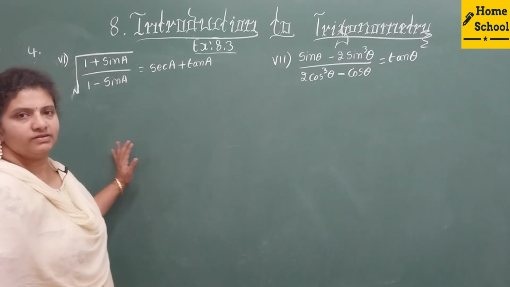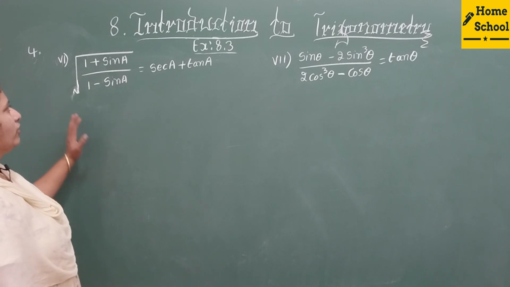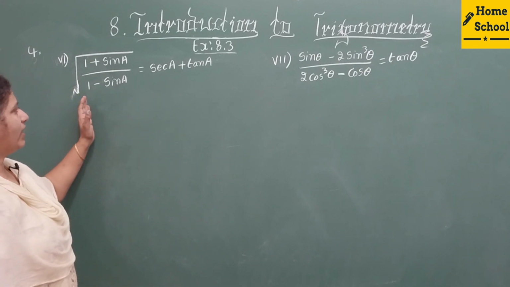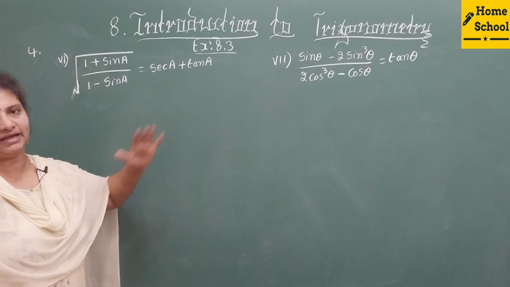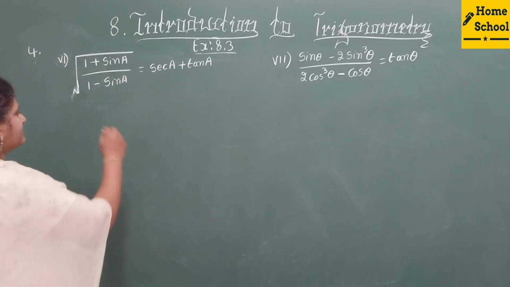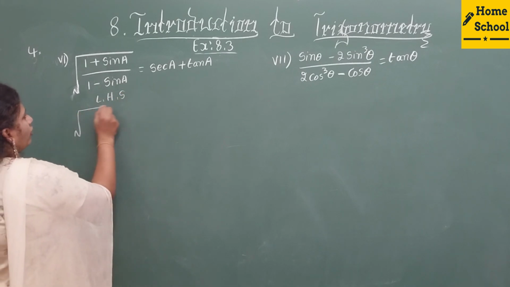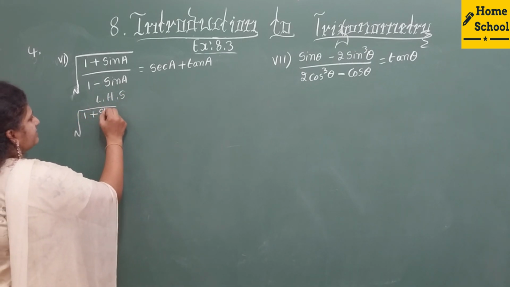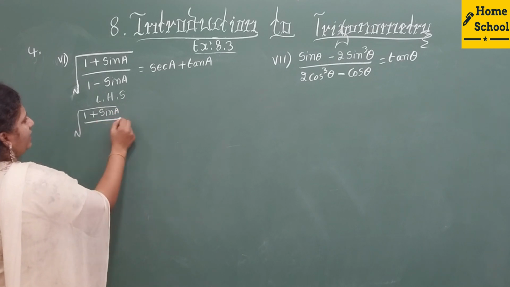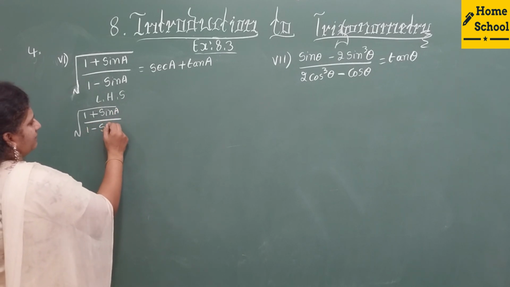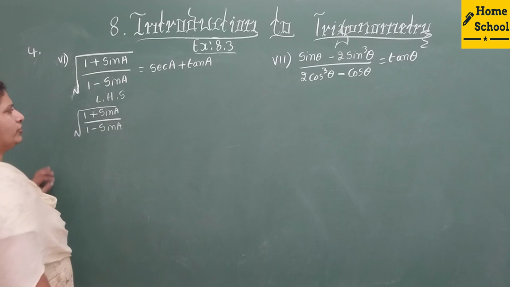Okay. Sixth problem, square root of 1 plus sin A by 1 minus sin A equal to secant A plus tan A. Consider LHS. Square root of 1 plus sin A by 1 minus sin A. How are we going to do it?